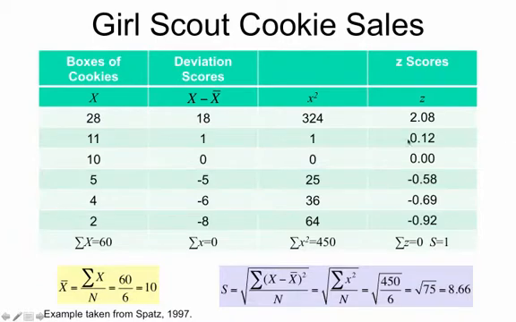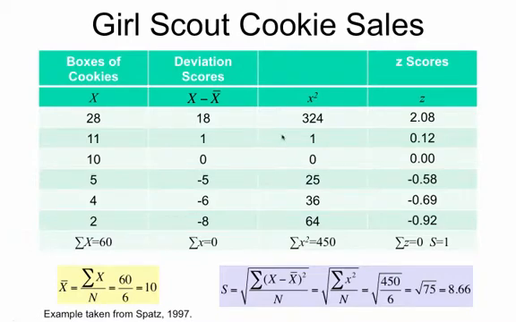So the z-score is simply going to be the deviation score, which would be 18 in the first Girl Scout's example, divided by the standard deviation of 8.66. You can see, for example, that third Girl Scout who sold 10 boxes of cookies, which is exactly the mean, would have a z-score of 0, whereas that first Girl Scout who sold the most boxes of cookies has a z-score of 2.08, so just over 2 standard deviation units above the mean.